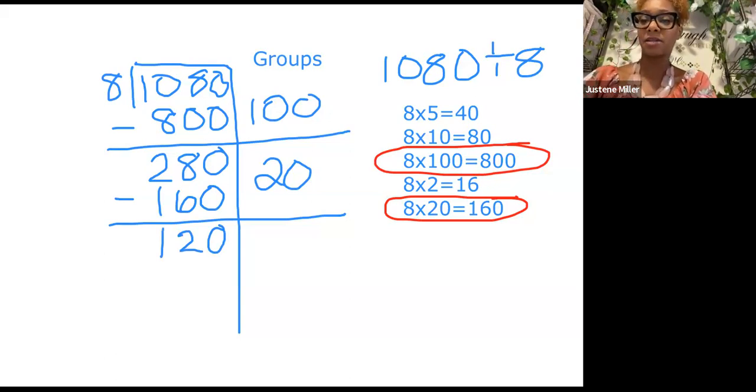I'm going to look at my fact chart again. Is there a number close to 120 without going over that I can use? Sure can. I can use 10 groups of 8. I'm going to put the 10 on the side. Oops, that's still in red. Let's put it back in blue.